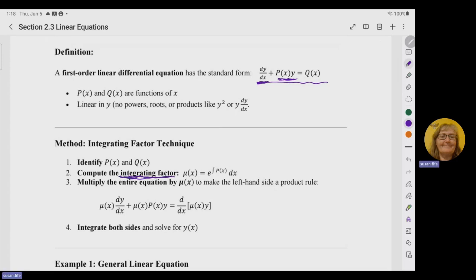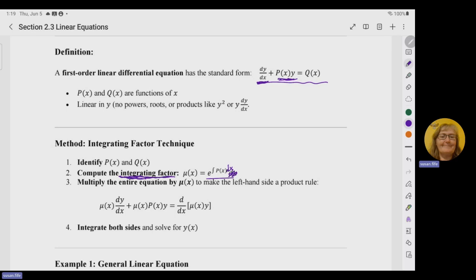So the integrating factor looks like this: e to the integral of p of x, integrate with respect to x.